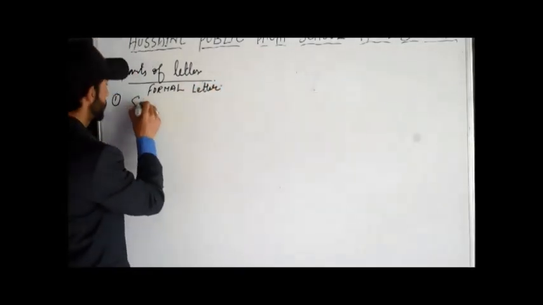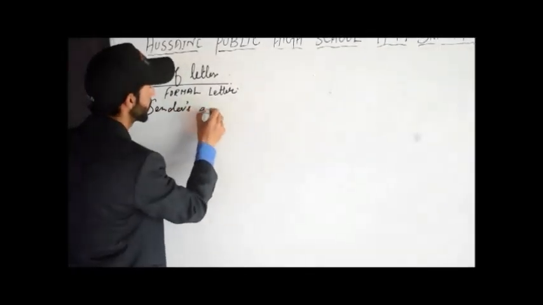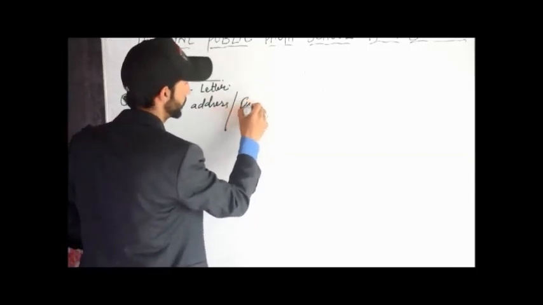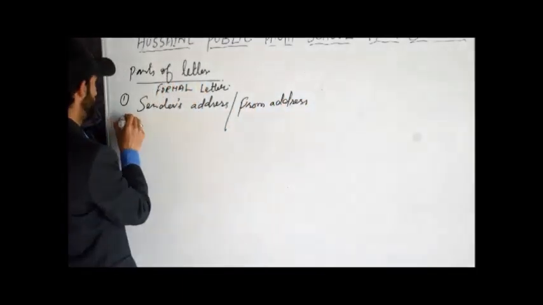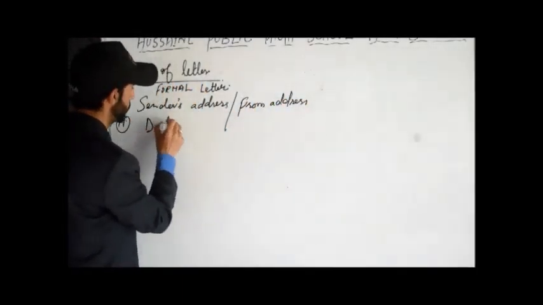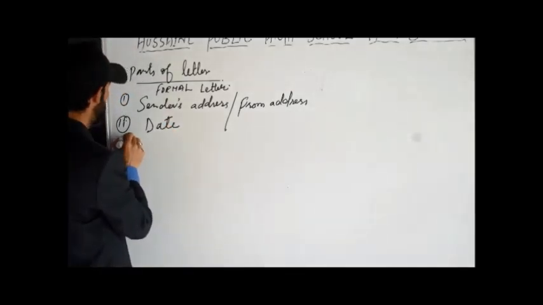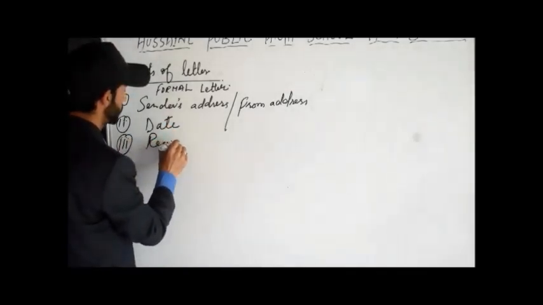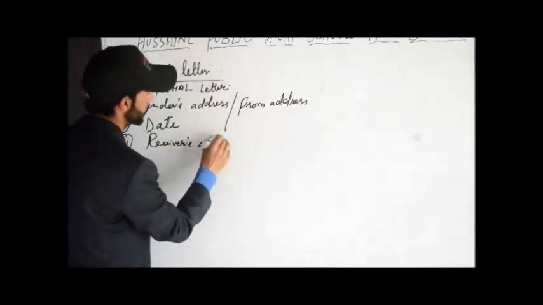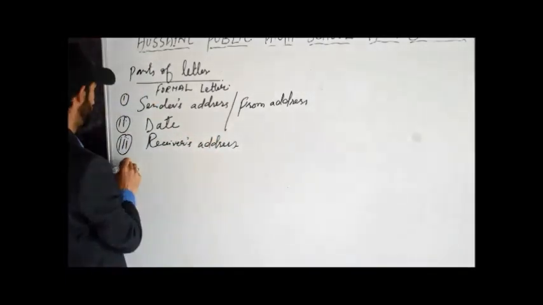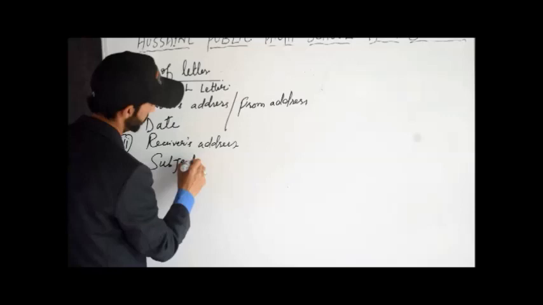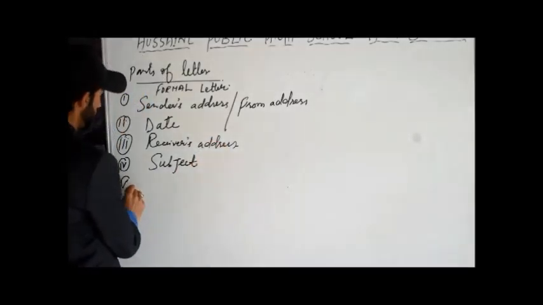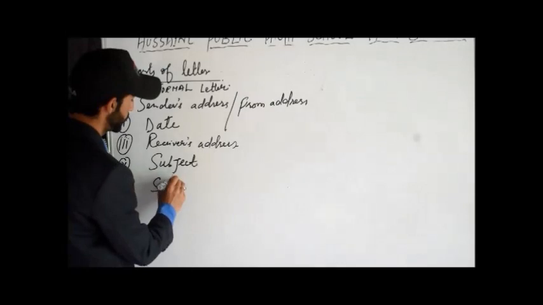First, very important, the sender's address, or we can say the from address. Second, we have date. Third part, receiver's address. Fourth part, we have subject. And then fifth part, we have salutation.